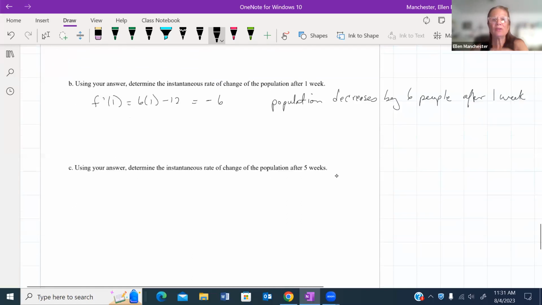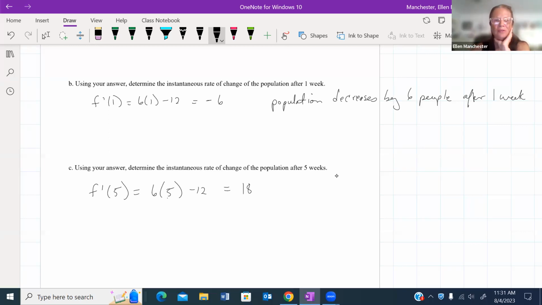Now the next one says, what's the population change after 5 weeks? Well, we already have our derivative, so now we just plug 5 into our derivative. So 6 times 5 is 30. 30 minus 12, make sure, is 18, but it's a positive 18.